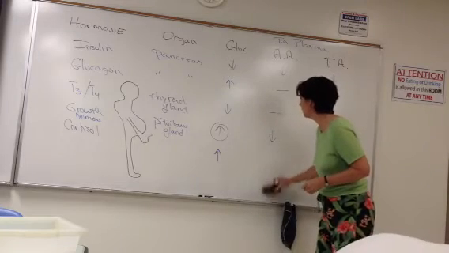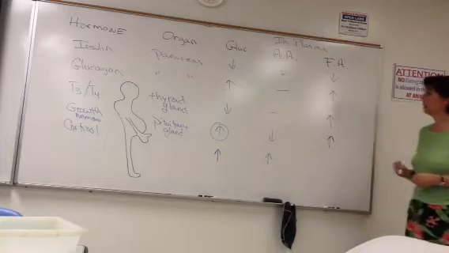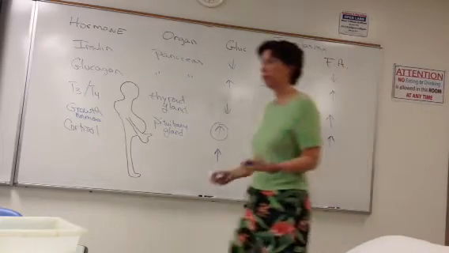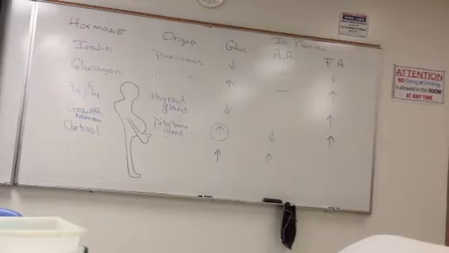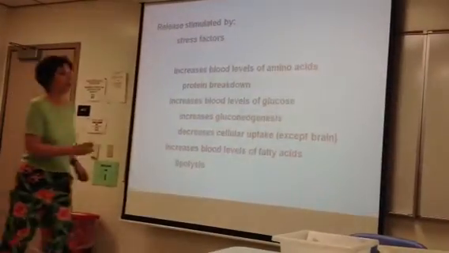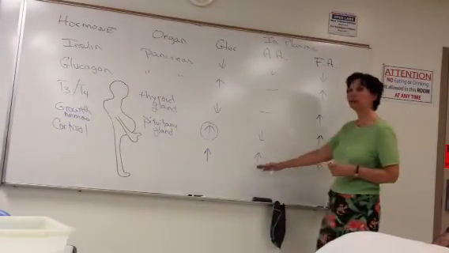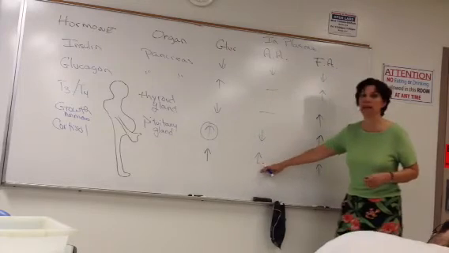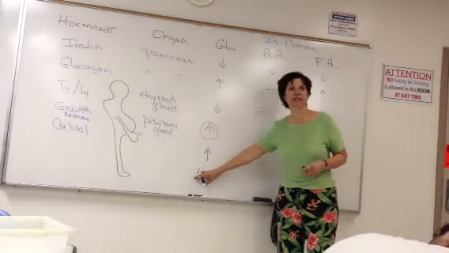We're breaking down proteins, so amino acids are going to go up. Glucose is going up because we're not using glucose. And then fatty acid levels go up as well. Okay, so for gluconeogenesis, we're increasing amino acids and fatty acids and then not using glucose.